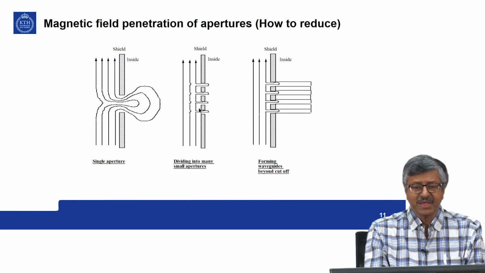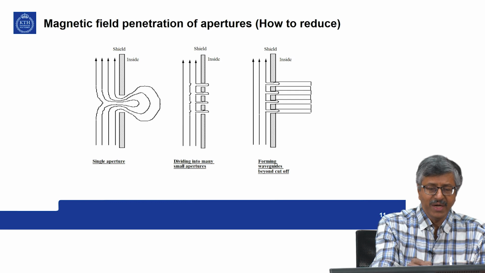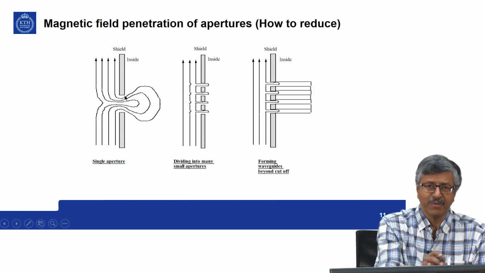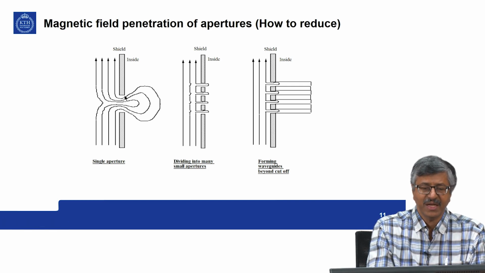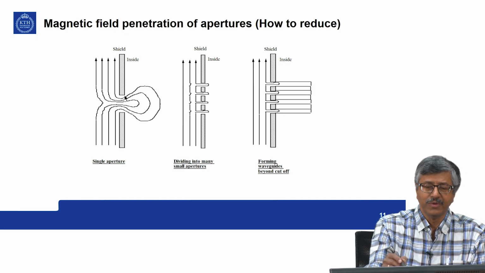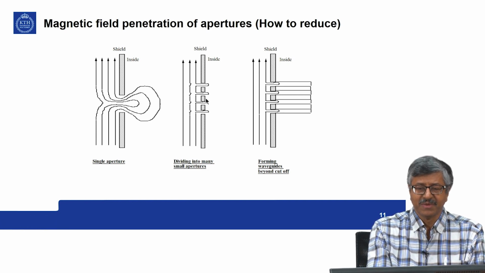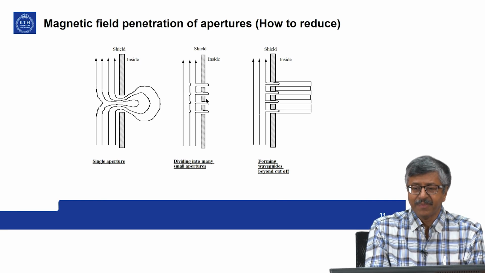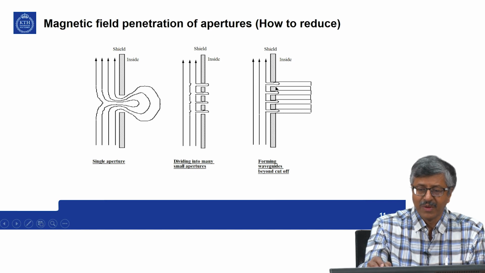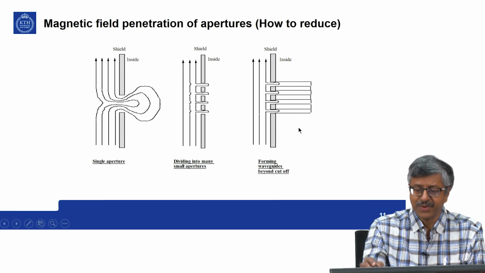So, one way is that you divide these holes. You need a certain surface area for the hole to have proper ventilation, let us say. So, instead of providing one hole, you provide a series of holes or a mesh. So, there are many small apertures, then the field penetration is much less, and often you can form waveguides beyond cutoff.